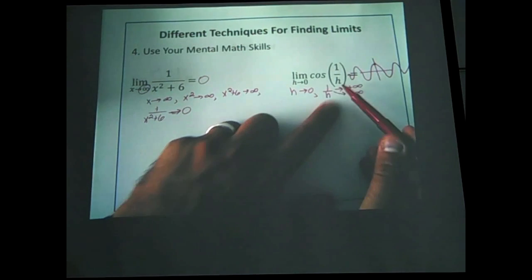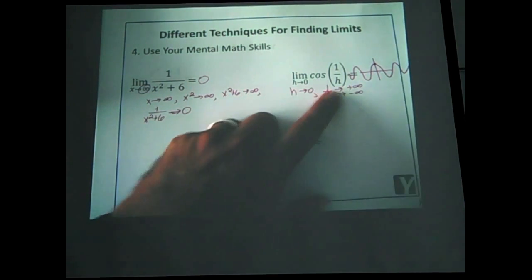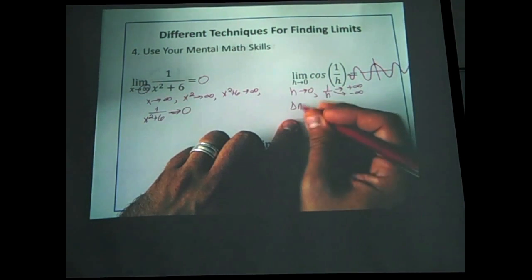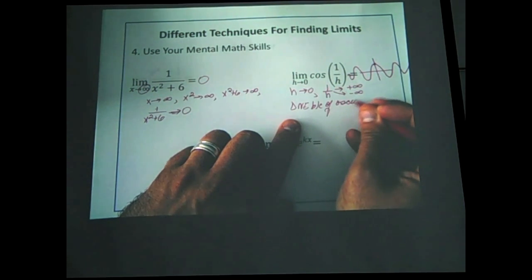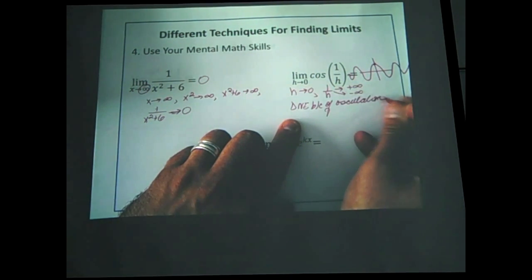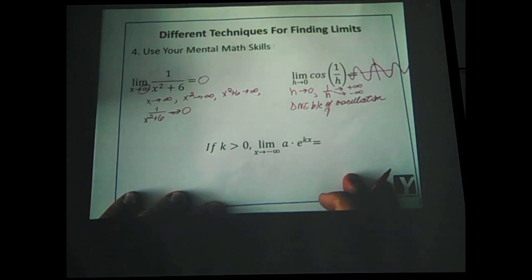But the cosine of something that's getting bigger, as I head out on the cosine off to infinity, what happens is that oscillation. So we would say that the limit does not exist because of oscillation. O-S-C-I-L-L-A-T-I-O-N. Done.